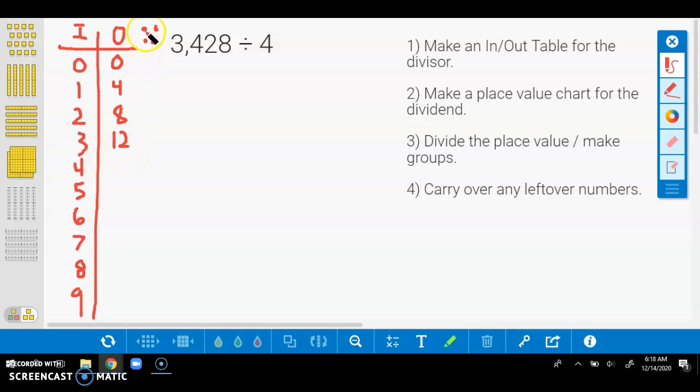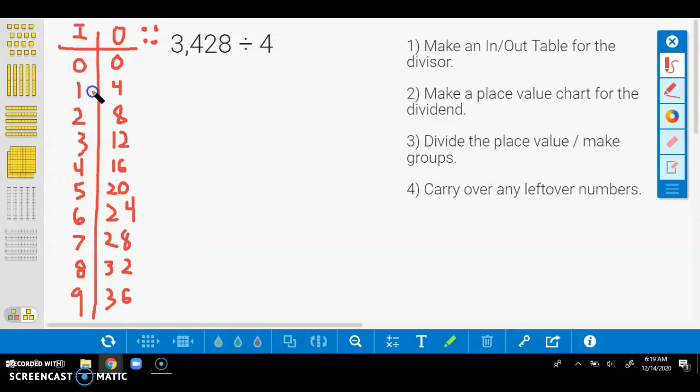So 12, 13, 14, 15, 16, 17, 18, 19, 20, 21, 22, 23, 24, 25, 26, 27, 28, 29, 30, 31, 32, 33, 34, 35, 36. Excellent.